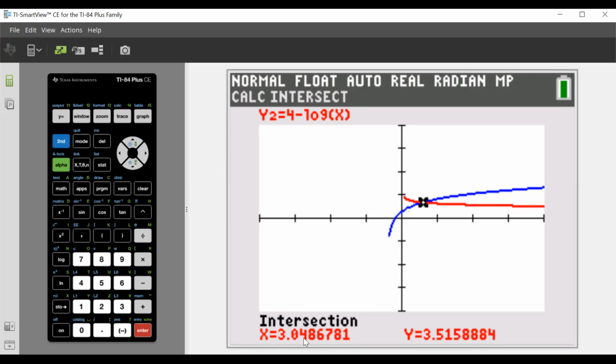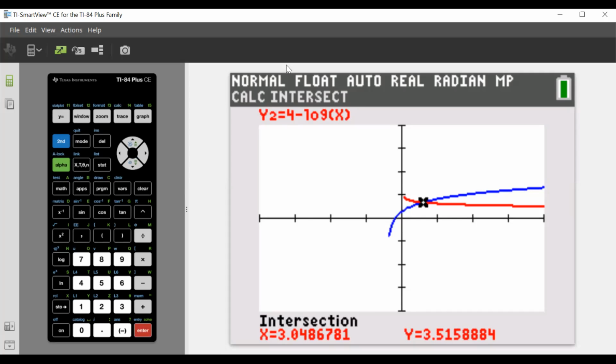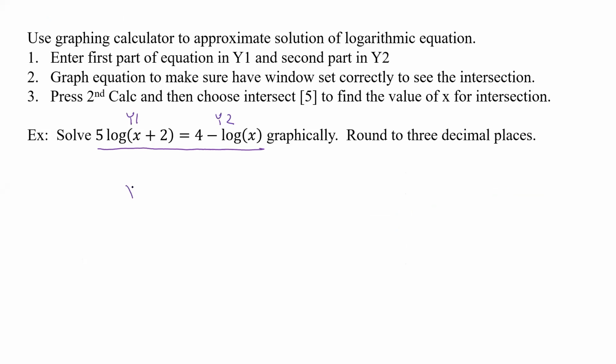It said to 3 decimal places, so 3.049. So x is approximately 3.049. And that's how we would solve that, just going to that intersection point, and that would solve this equation here. Okay.